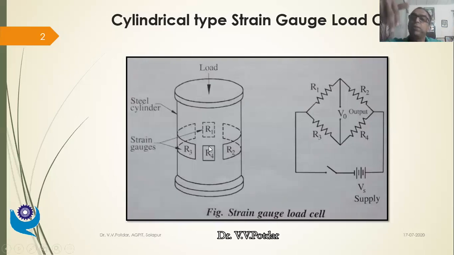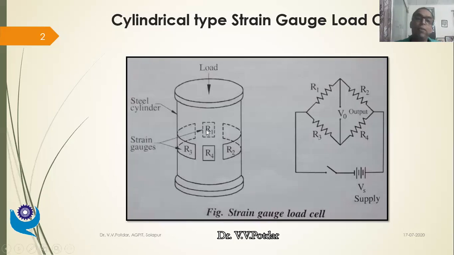As the compressive load is applied, the cylinder will tend to expand, isn't it? When it tends to expand, what does that mean? There will be circumferential stresses or hoop stresses. So the strain gauges are mounted like this: longitudinal is like this and lateral is like this. When the cylinder tends to expand, these laterally mounted strain gauges will expand, whereas these longitudinal strain gauges will be subjected to compressive strain, minus epsilon.